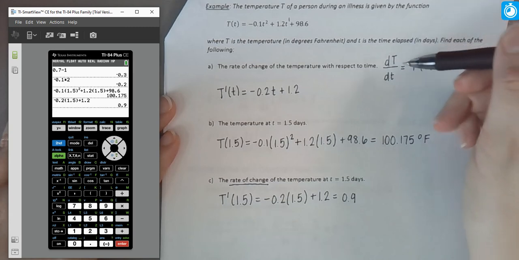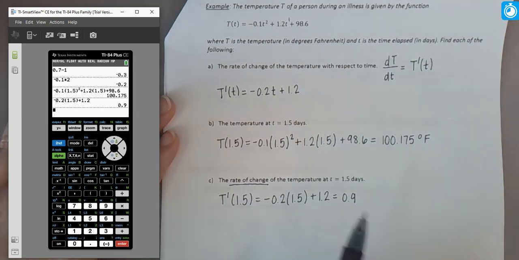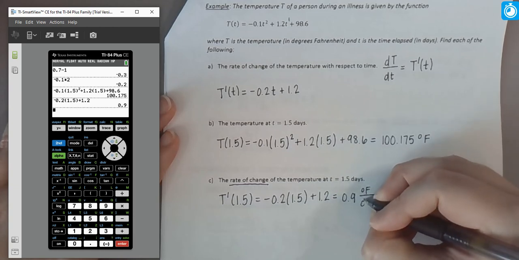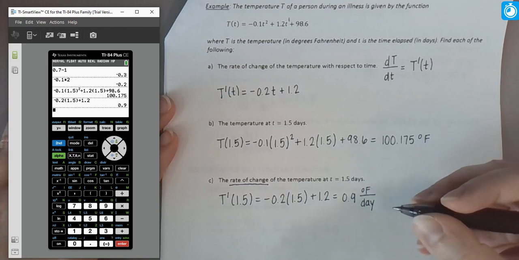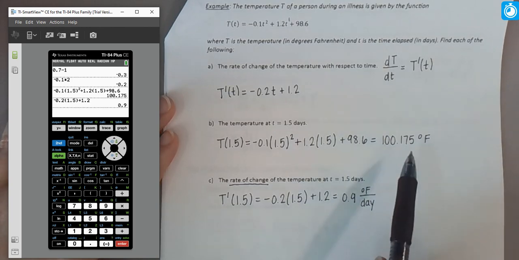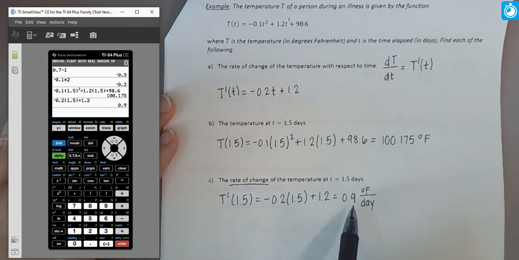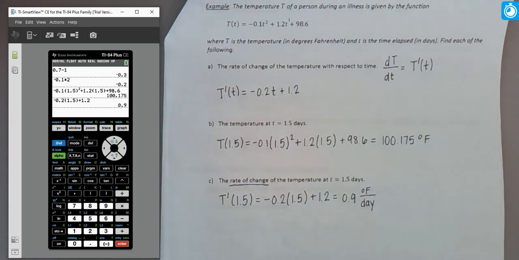So if we write the ratio of those two units, that's going to give us the unit for our rate of change. So that's going to be degrees Fahrenheit per day. In other words, at this specific temperature, at 1.5 days, this is how quickly temperature is changing. So it's changing 0.9 degrees Fahrenheit per day. That is the rate of change at that exact moment under these specific conditions.